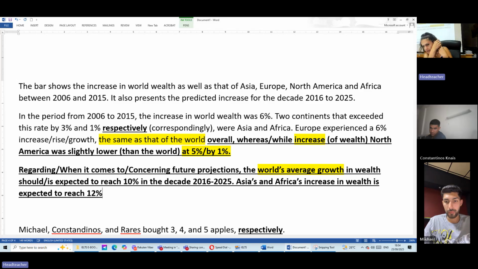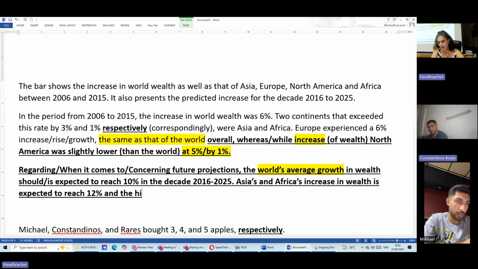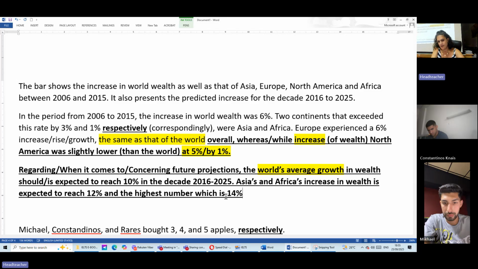And am I right? Asia is 12%. Yeah, and Africa 14%, the highest number, which is 14%, the highest growth.